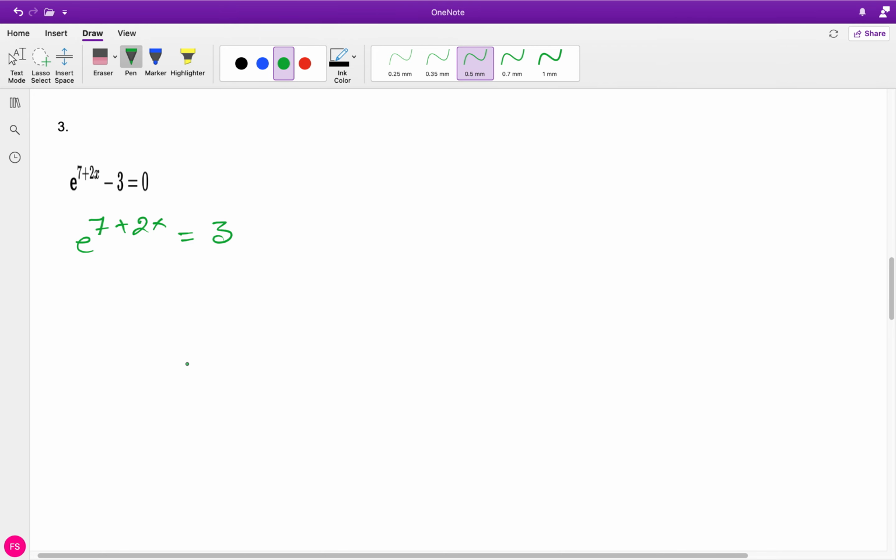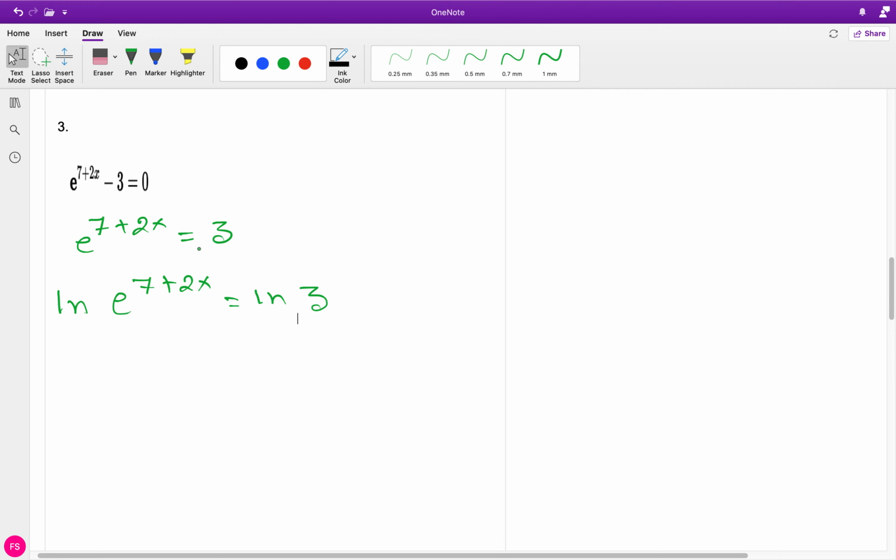Now, I'm not going to add log both sides. I'm going to add ln because the base of ln is e, and you can easily cancel out this e by taking ln. So ln, you don't need to write the base. When you write ln, it just means that the base is e. So I will have ln of e to the power of 7 plus 2x equals ln of 3.